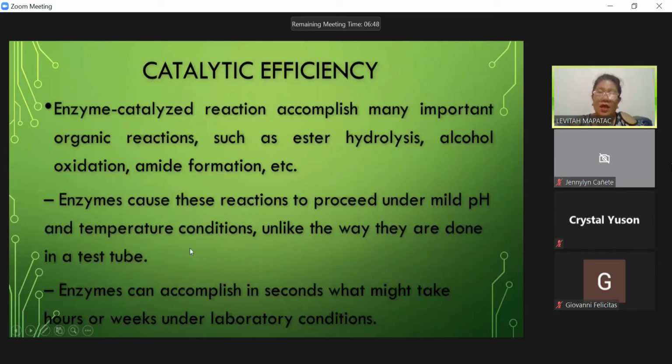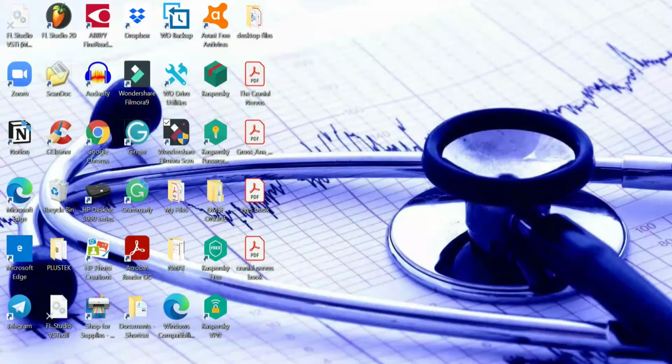The enzyme also causes these reactions to proceed, but there are instances and factors that will affect its efficiency. There are restrictions on enzymes, such as temperature, which I will discuss later.